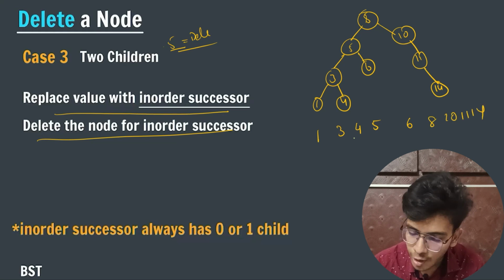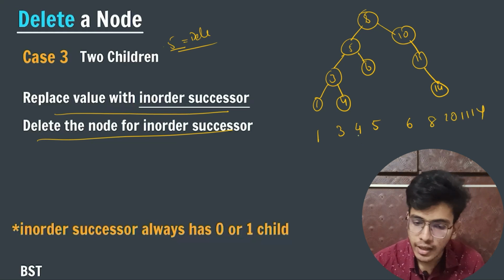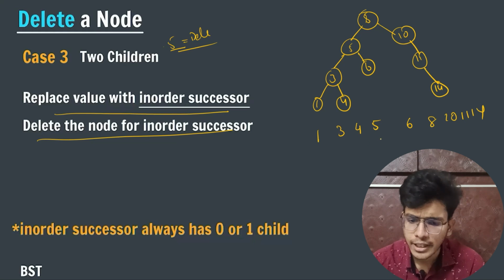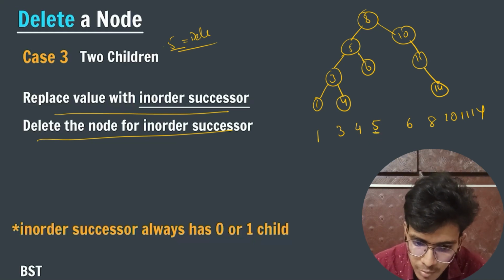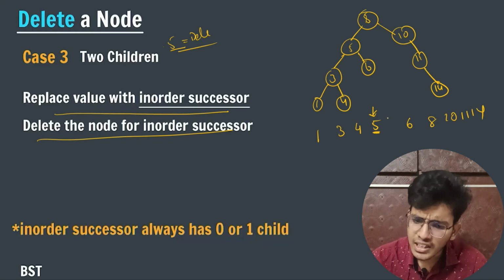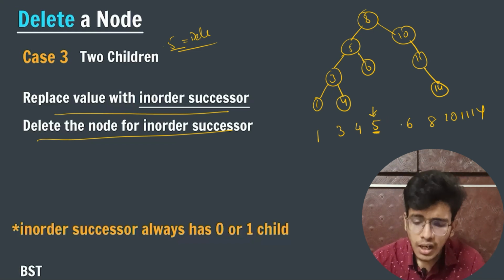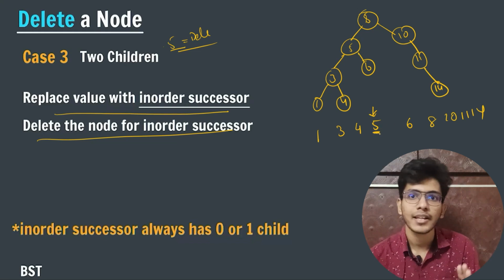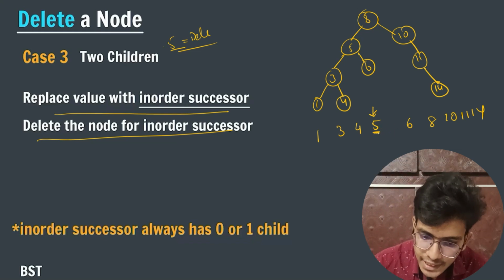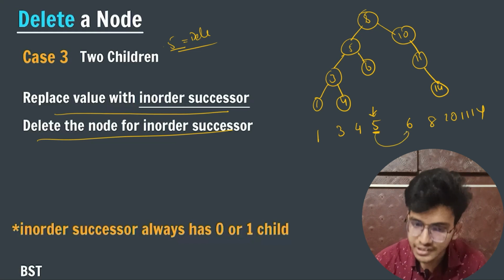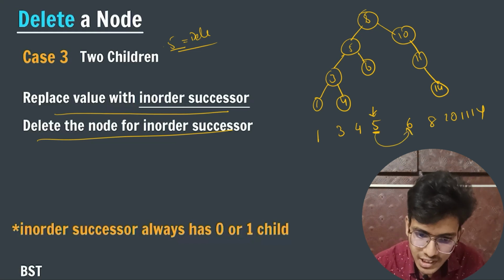So this is my in-order sequence, right? And I will check what is the element that I am going to delete. So this is the element which I am going to delete, right? After seeing this element, I will see the next element, the next successor. You can see that its next successor is 6.